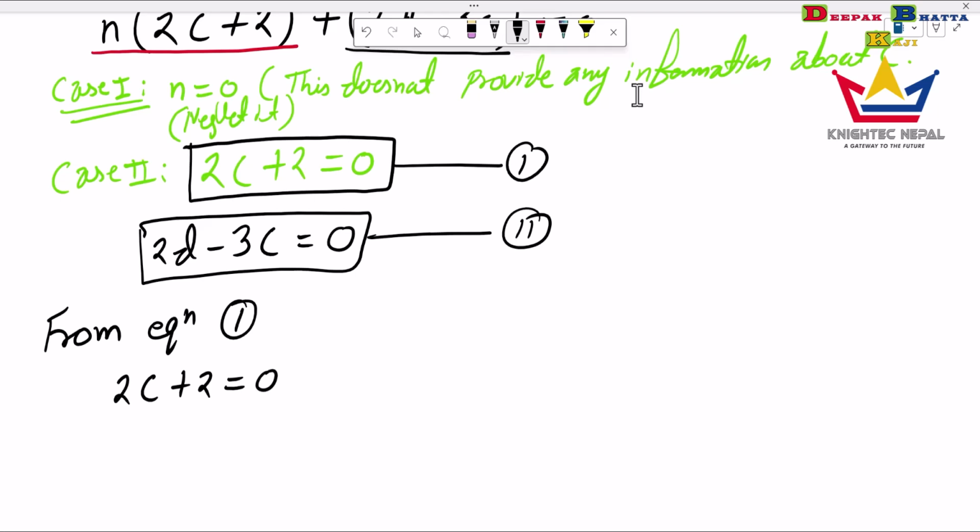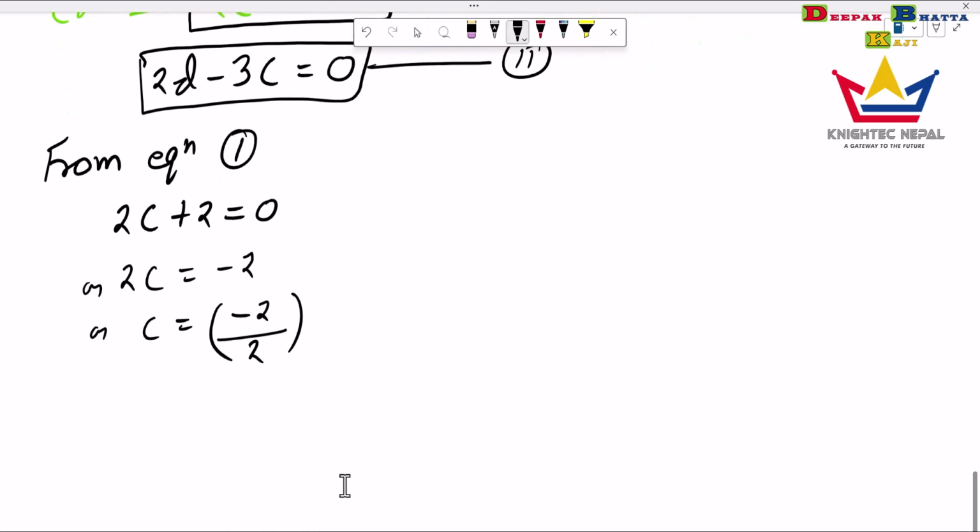So 2C equals to minus 2, then C equals to minus 2 divided by 2, we will get C equals to minus 1. So we got the value of C, that is minus 1.